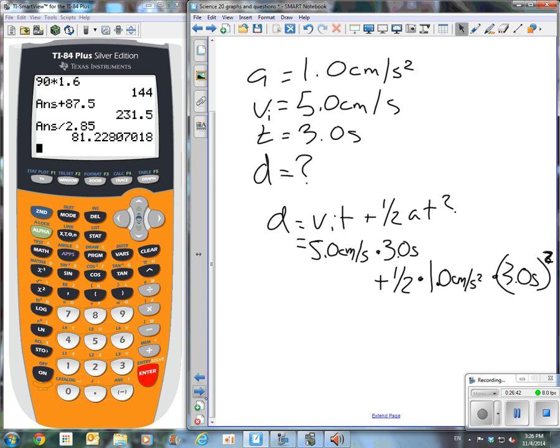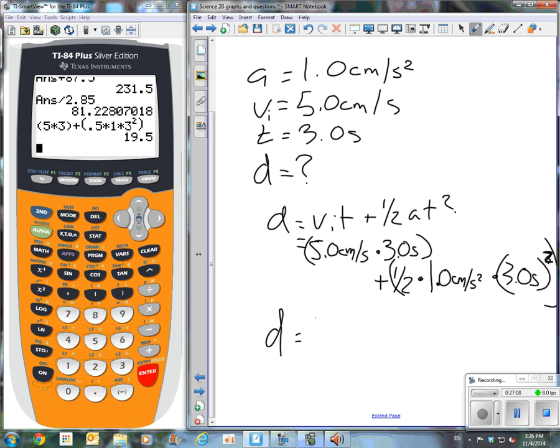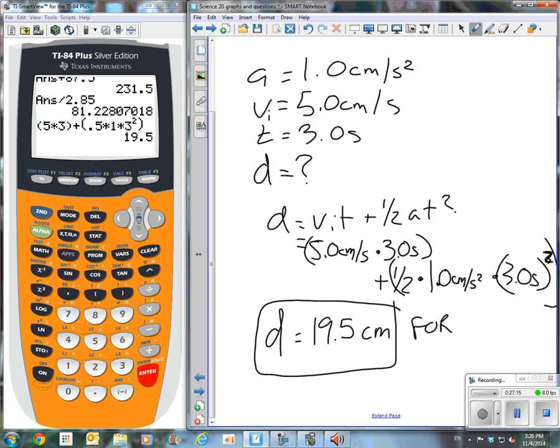Plugging this into my calculator, I'm just going to put brackets around the first components as well as around the second components to keep everything straight. So I've got 5 times 3 plus 0.5 times 1 times 3 squared. Enter. So I've got 19.5, so this displacement is 19.5, keeping the same units, centimeters. And this would obviously be forward.